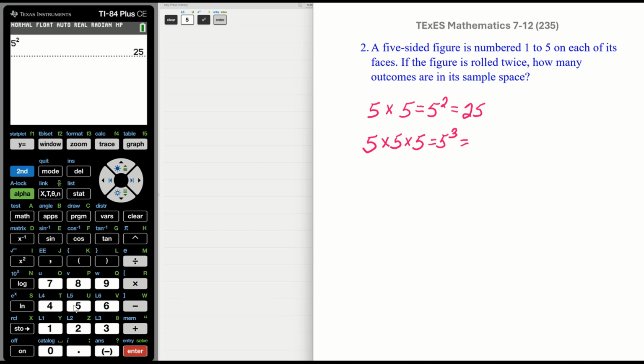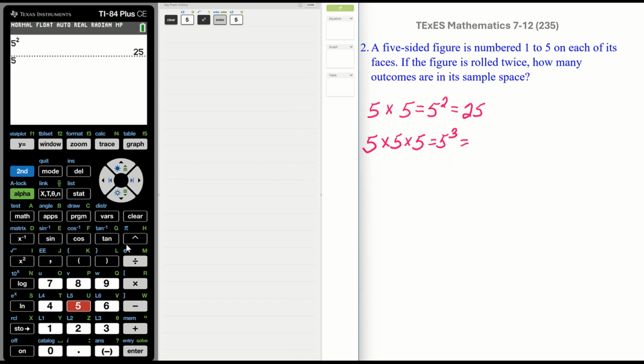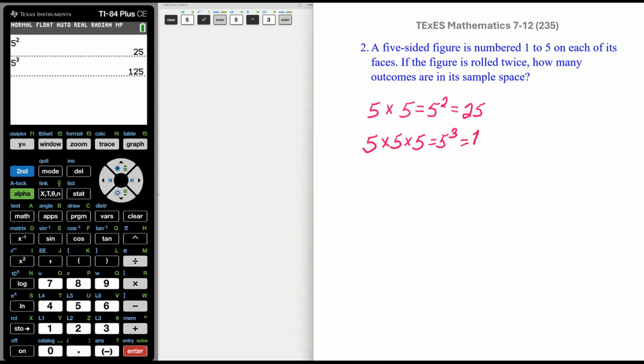So if we push 5, we can't just push x squared. That's why we have the caret up. Caret up, that gives us 3rd power. Press enter. That is 125 outcomes.